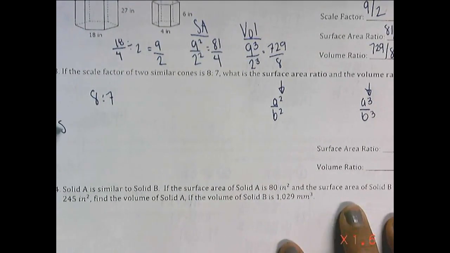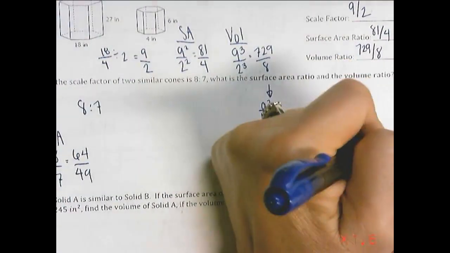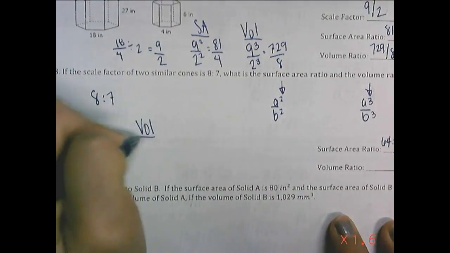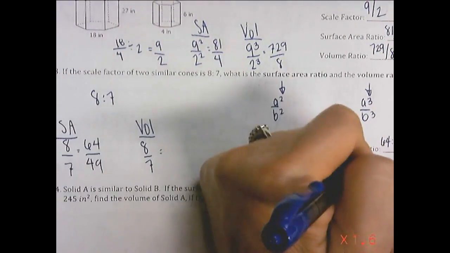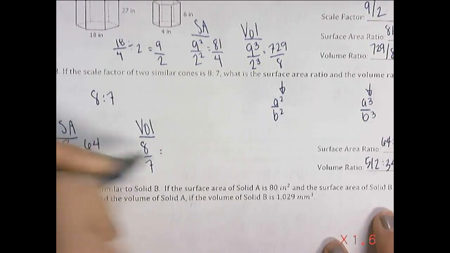For surface area, we're going to square it, 8 over 7, which is going to equal 64 over 49. And for volume, we're going to cube it, 8 over 7, and we're going to get 512 to 343.